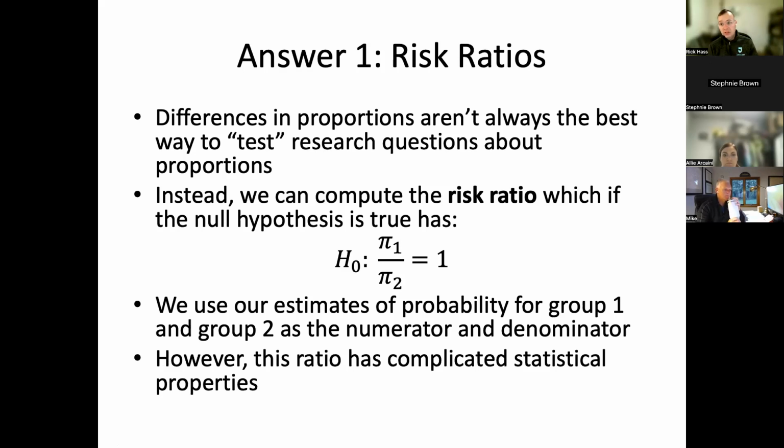So this sounds great because, again, it's not too different, and we can pretty straightforwardly use what's in the contingency table to do that. And again, what does a ratio give you? It gives you how many times larger the numerator is compared to the denominator. So when a risk ratio is 1, it means that they're the same, since any number times 1 is that same number, right? As the risk ratio grows, so it gets greater than 1, it means that the numerator is larger than the denominator.